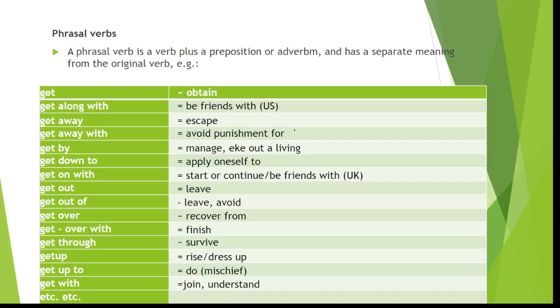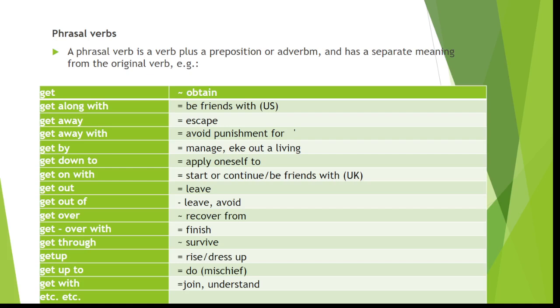Phrasal verbs. A phrasal verb is a verb plus a preposition or adverb, and has a separate meaning from the original verb, e.g. get, obtain; get along with, equals be friends with, US. Get away, equals escape; get away with, equals avoid punishment for; get by, equals manage, eke out a living; get down to, equals apply oneself to; get on with, equals start or continue, or be friends with, UK.